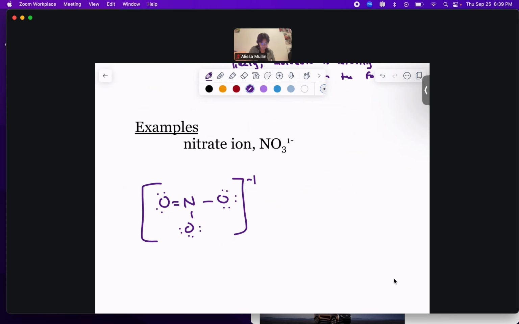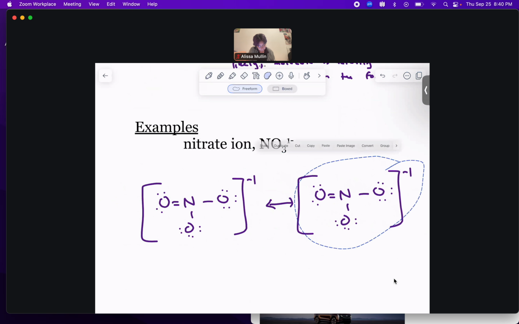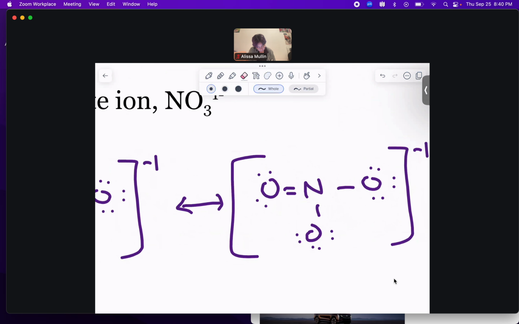It's equally as likely we could make a resonance form with any of those oxygens. So your other resonance forms would look kind of like this. Again, I'm going to show that double-sided arrow to distinguish between my resonance forms, but one of them might look like that.